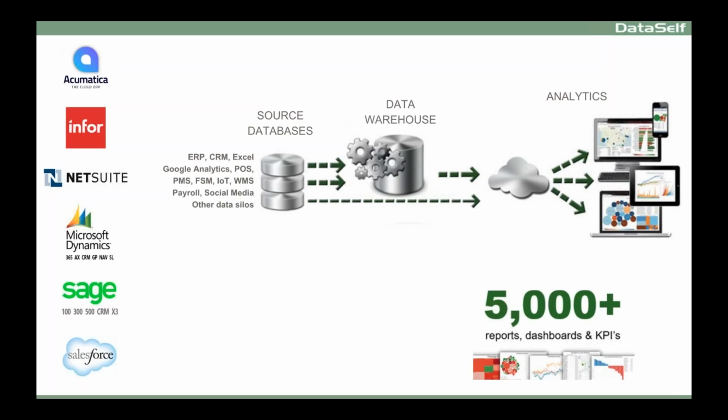There's a ton of things out of the box covering sales, inventory, financials, P&L, balance sheet, financial analysis, payables, receivables, purchasing, services, work orders, CRM opportunities, tech support, activities, account management. There's a lot of things out of the box.